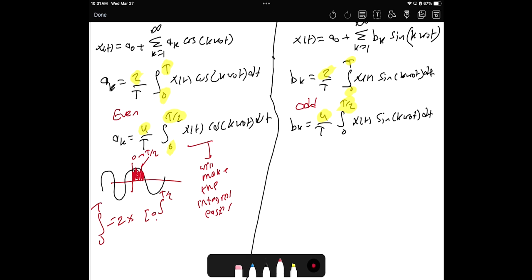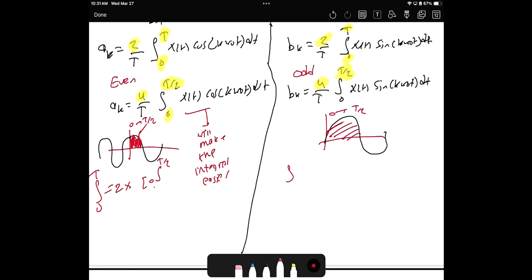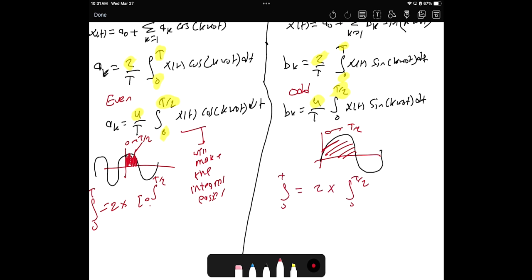So here you can imagine a sine, from 0 to T over 2. We will take only the first half. So as a result, the integral from 0 to T equals 2 times the integral from 0 to T over 2. That's what we did.